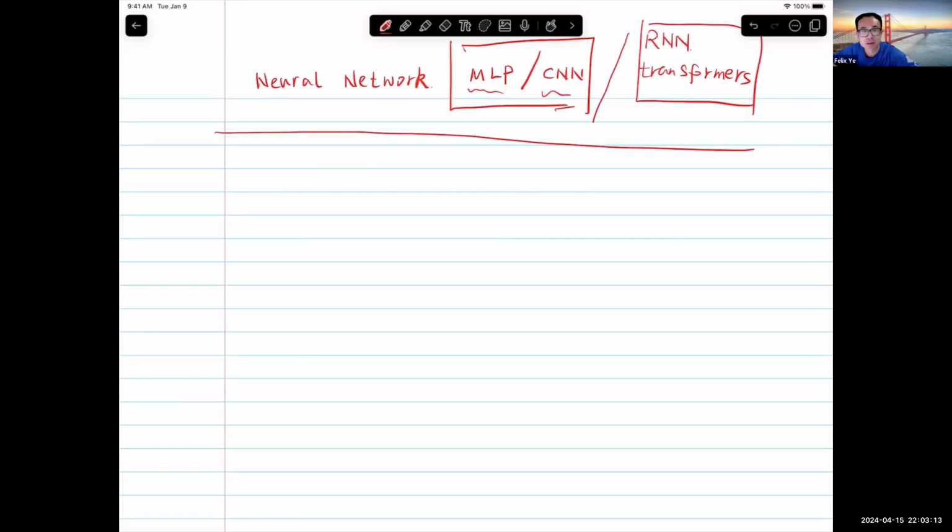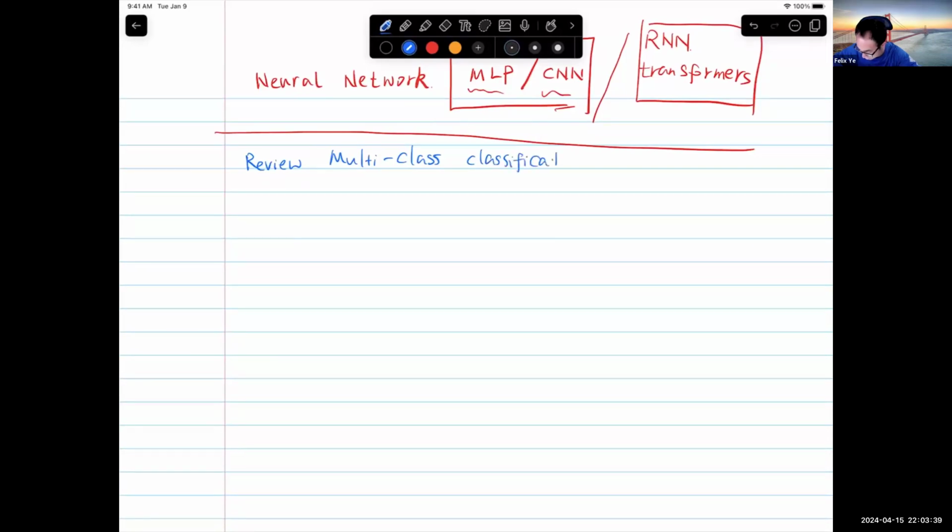Before we get to neural networks, let's revisit and review multi-class classification problems. Usually we did that through logistic regression.